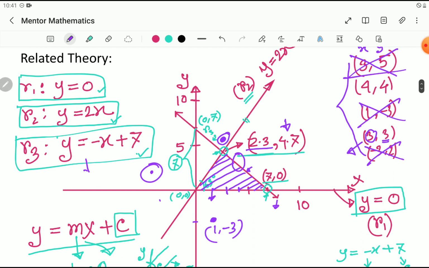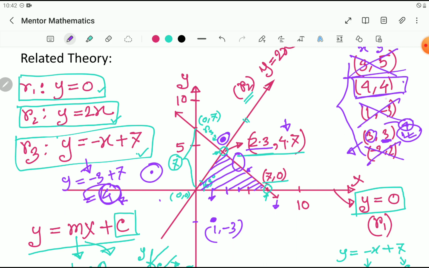If we put value of x here, we get y equal to 4. See, actual value is 4. But we have 3. That means this point is inside. So our answer is this one. This one is correct. Now come to this point again. 4 by 4.